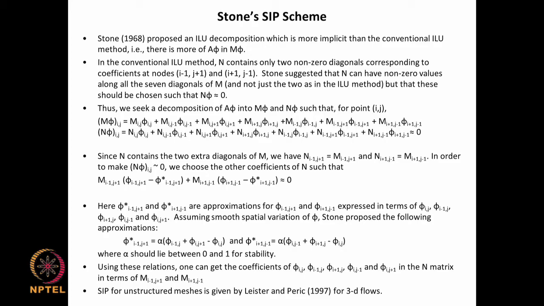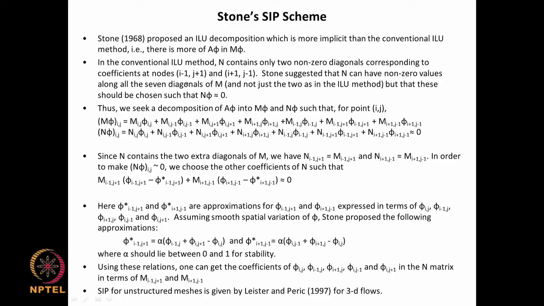What Stone proposed is that since anyway we are dealing with 7 diagonals, let n have elements in all the 7 and not just in the 2, but choose the other coefficients in such a way that the total contribution of n phi is roughly equal to 0.